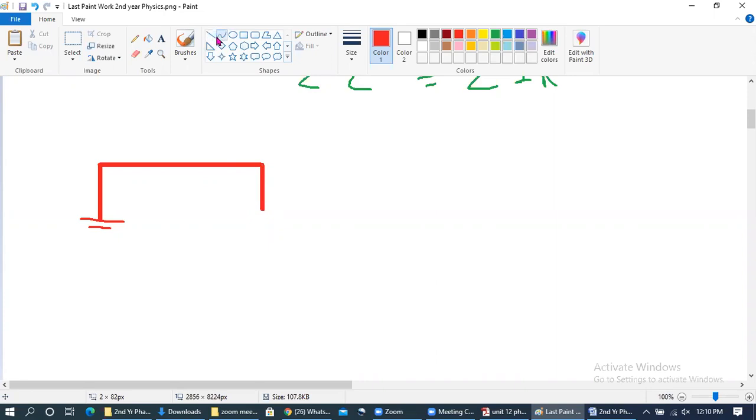And this single battery is having only one resistance in it. In the previous case, we had studied two resistances and two batteries. But in this case, we are studying one resistance with one battery.